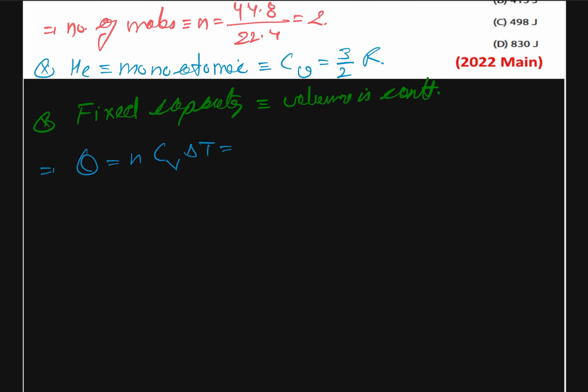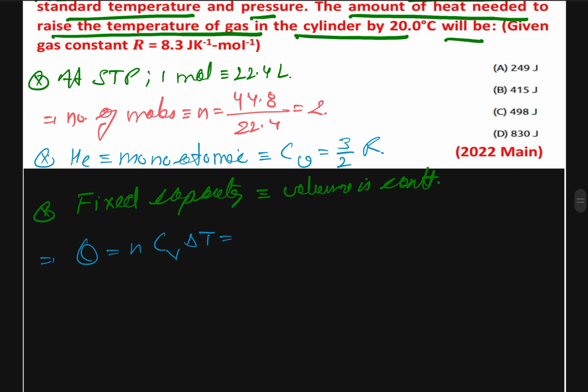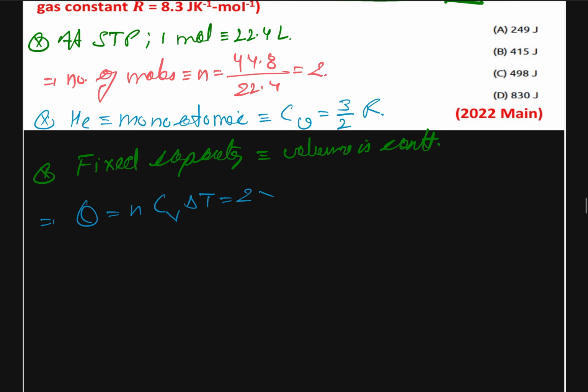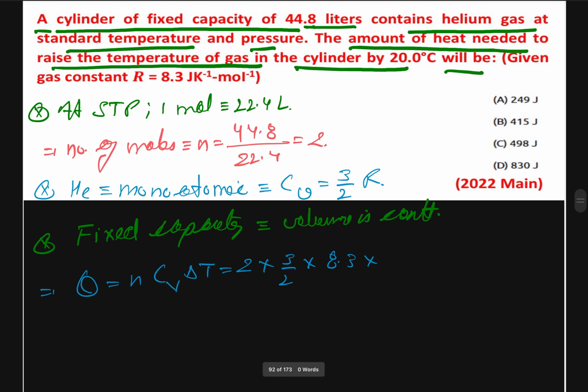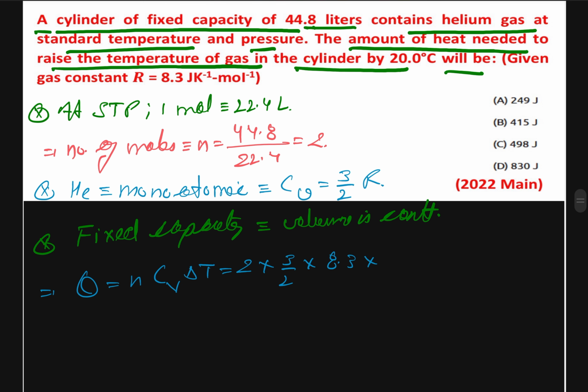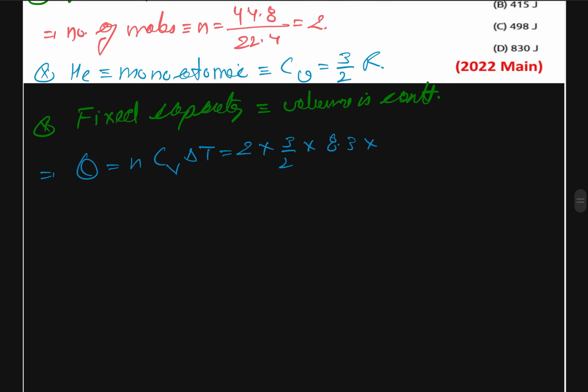And so the number of moles is 2. So this comes as 2 multiplied by 3/2, and R is 8.3. And it says that the rise in temperature is 20 degrees centigrade. So delta T will be 20 Kelvin.